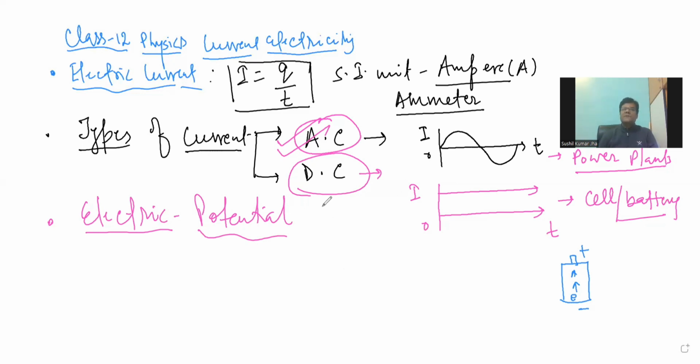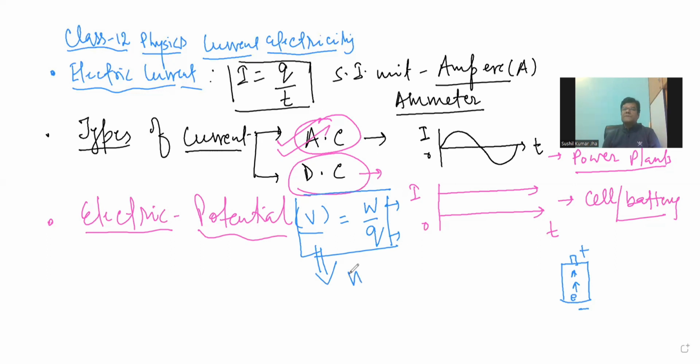So for electric potential, basically this battery does some work, and so हम पोटेंशियल को ऐसे डिफाइन करते हैं कि बैटरी ने जो वर्क किया to transfer charge from one place to another is electric potential. For that we write work done per unit charge. Fundamental formula for potential: V is equal to W upon Q. W को हम बोलते हैं work done, Q is charge, and V is potential or electric potential.